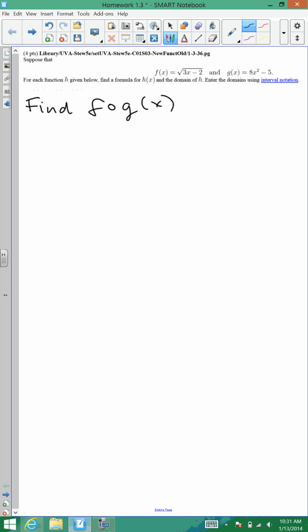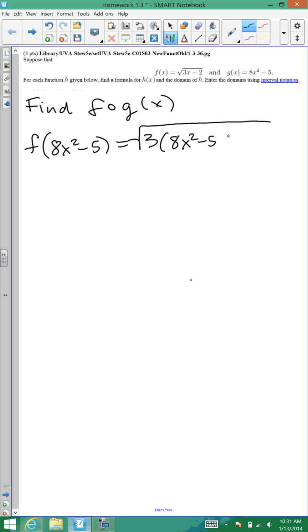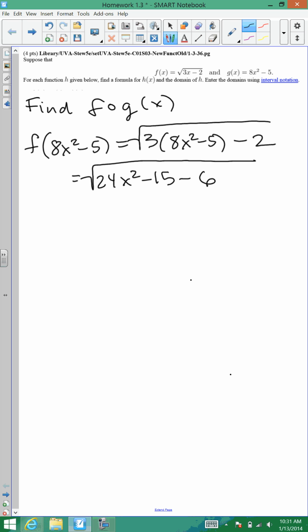So to find f of g of x, we need to put g of x into f. So plugging that in, we get 3 times 8x squared minus 5, minus 2. Let's do a little bit of simplifying here. That's going to be 24x squared minus 15 minus 6.